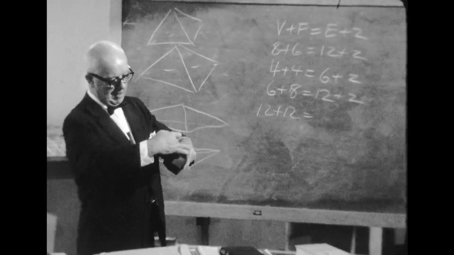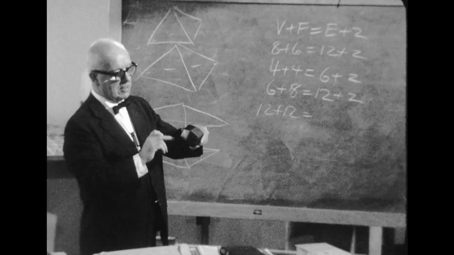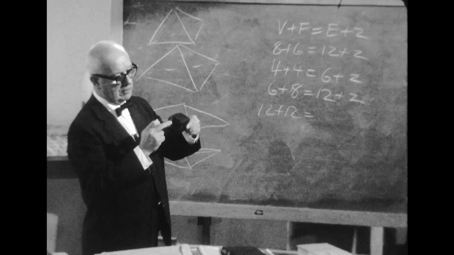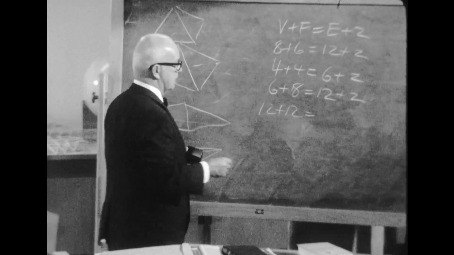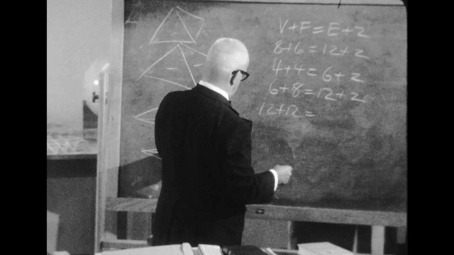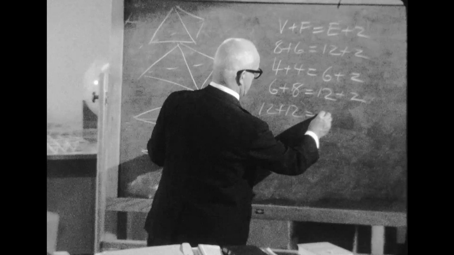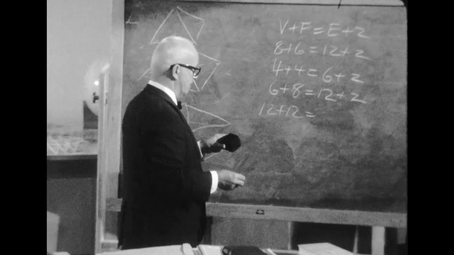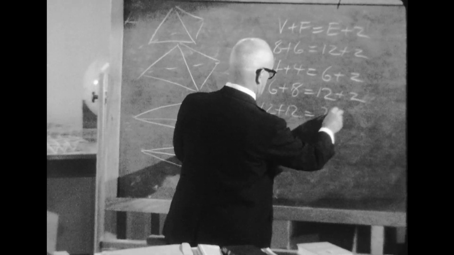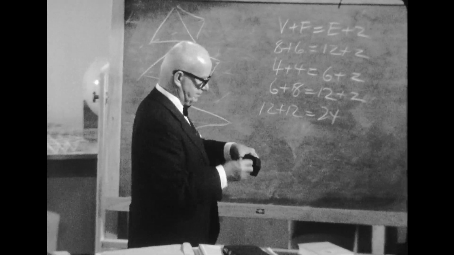The 9 in this top cap, the 9 in the bottom cap, 18, and around the edge, 1, 2, 3, 4, 5, 6. So that's 24. So that's right, equals 24. Totally wrong. That's that count.